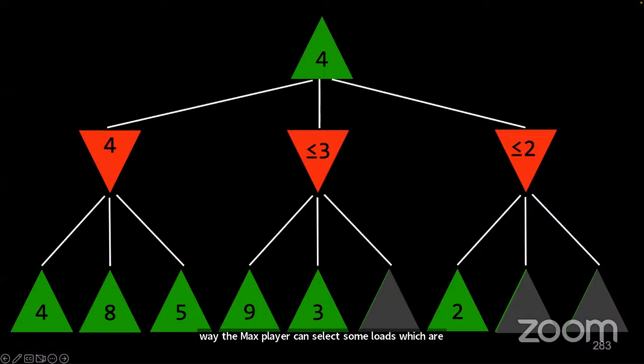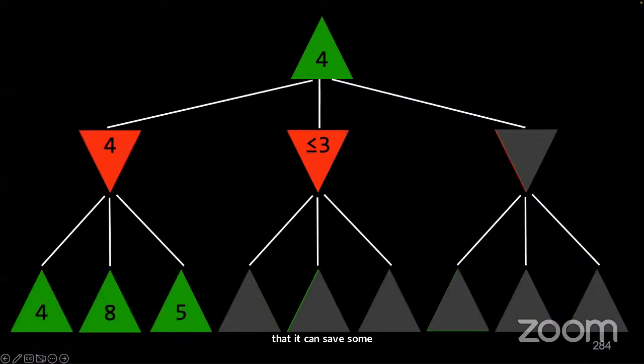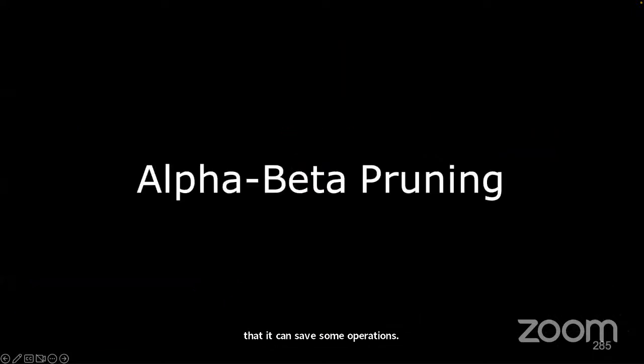Thus it can save some operations. That's why it is known as alpha beta pruning, because it continuously keeps track of 2 values, and based on these 2 values, it prunes the nodes which are not necessary to explore.